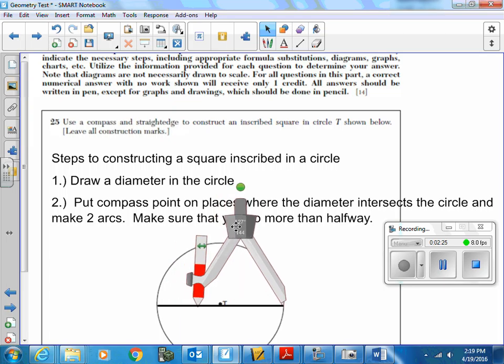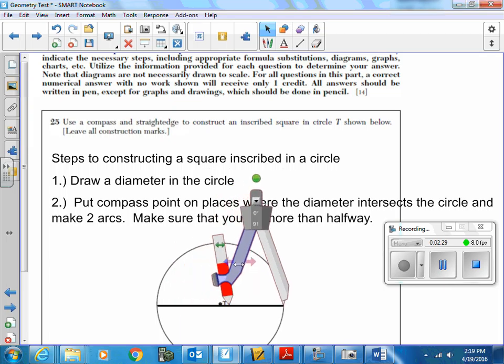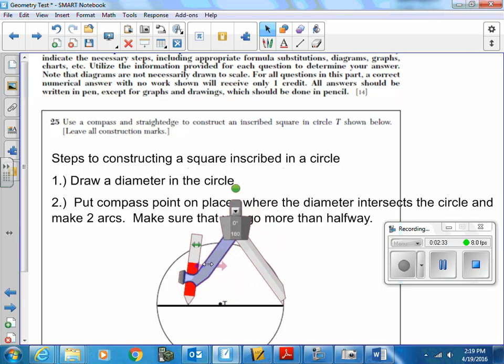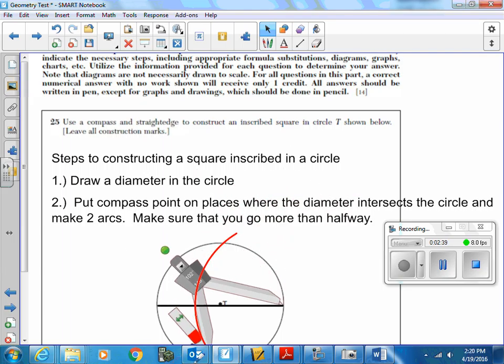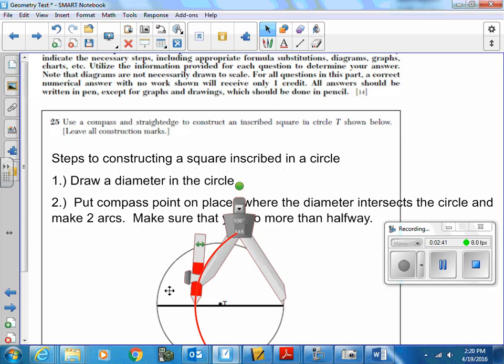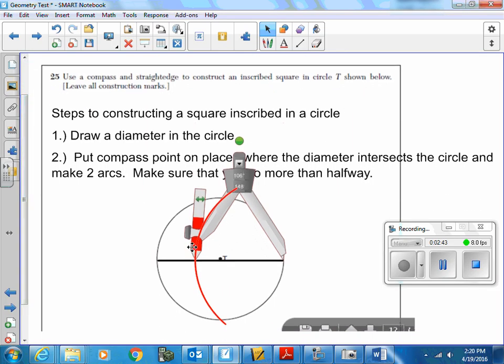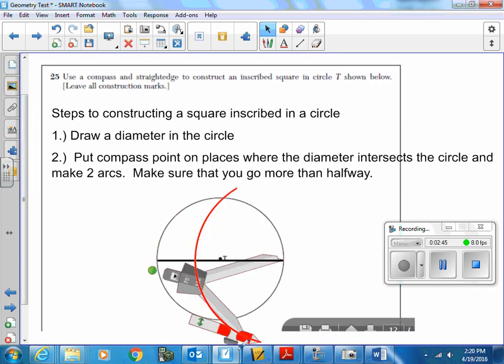All right, so we're going to put our point where the diameter intersects the circle. Make sure you're more than halfway. You don't want to be here. You have to be at least halfway. It doesn't matter if you're here or here, but you have to be more than halfway. We draw our arcs.